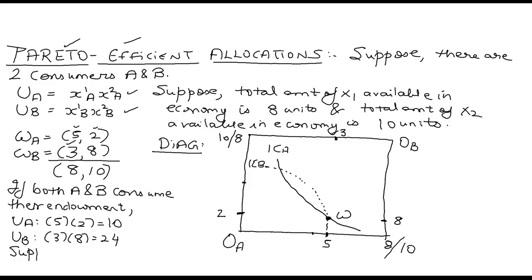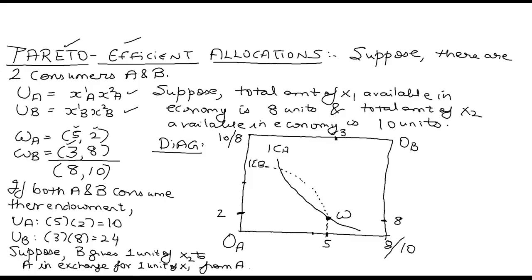Suppose B gives 1 unit of x2 to A in exchange for 1 unit of x1 from A. Let us look at this trade. Suppose B gives 1 unit of x2 to A, and in exchange B gets 1 unit of x1 from A.